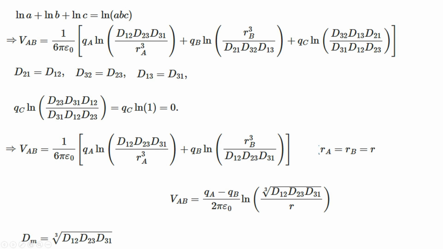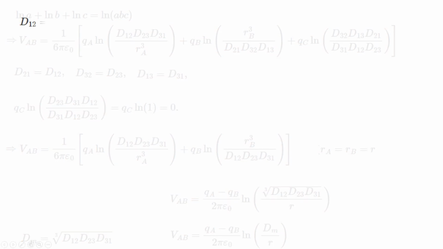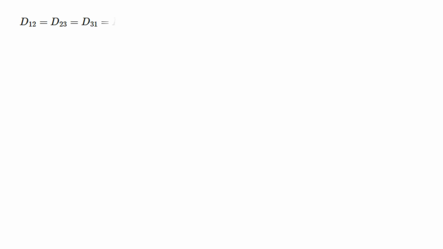Therefore, the final expression becomes VAB equals QA minus QB divided by 2 pi epsilon 0 multiplied by the natural logarithm of dm divided by R. Finally, for a symmetrical three-phase transmission line, D12 equals D23 equals D31 equals D. Therefore, dm is equal to the cube root of d into d into d, which is nothing but the cube root of d cubed, and therefore, dm is equal to d.